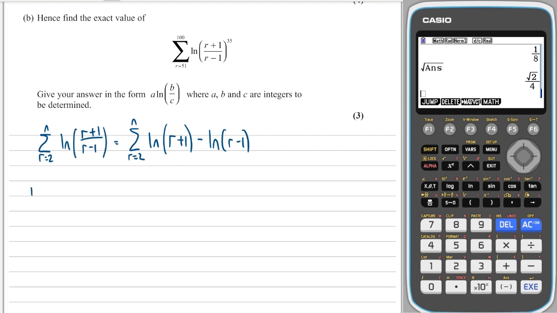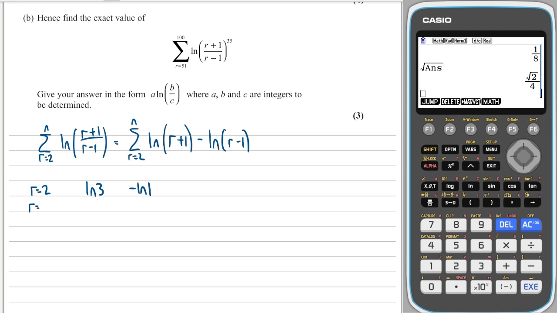So we'll start with r equals 2, and we'll get ln of 3 in the first slot, and here we will have minus ln of 1, and then we will keep going.